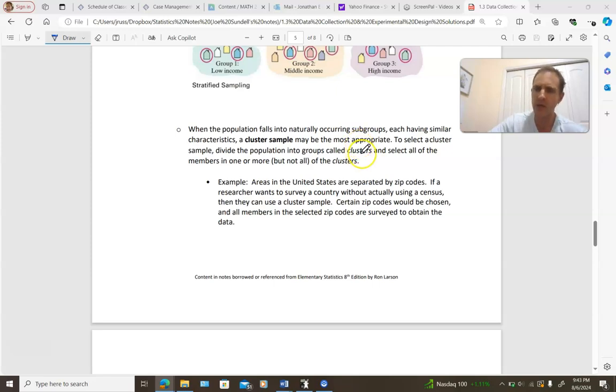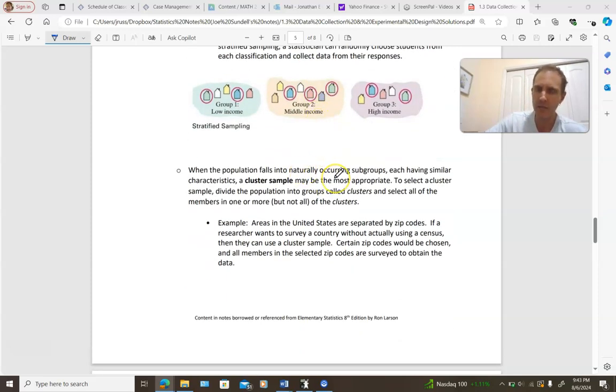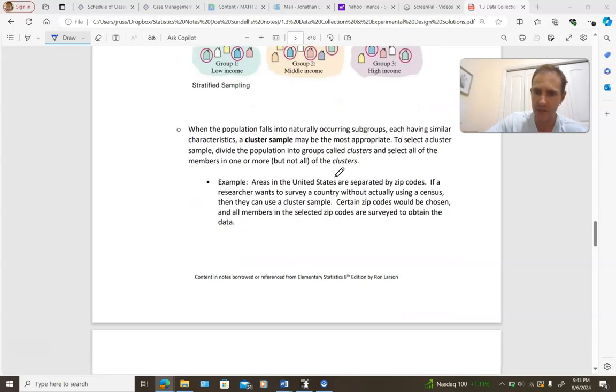So this is similar to the stratified sampling, except the stratified sampling is pretty much already divided. It's just the nature of the population. But down here with the cluster sampling, you're actually dividing it yourself. And then you select all of the members of one or more, but not all of the clusters.